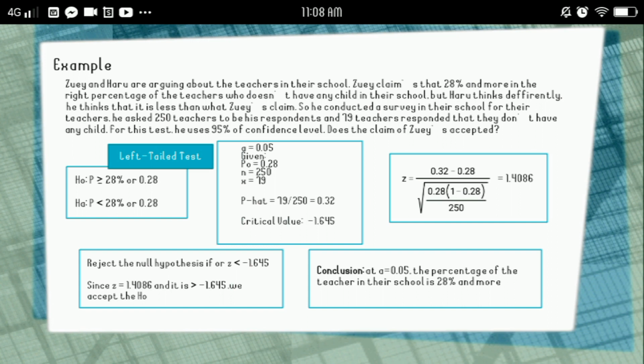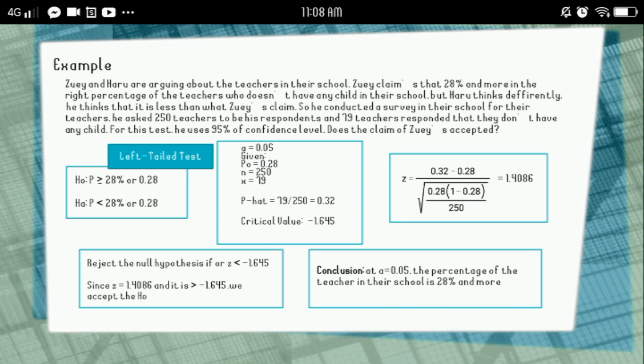Then, yung significance level, na-convert na natin siya. So, 0.05. Ang given natin na P sub 0, which is 0.28, N is equal to 250, X is equal to 79. Then, isolve natin yung P hat, which is 79 divided by 250 is equal to 0.32. So, ganun ulit yung critical value. Negative siya since left-tailed test yung ginamit natin. Negative 1.645.